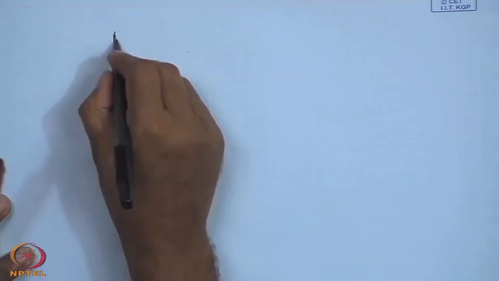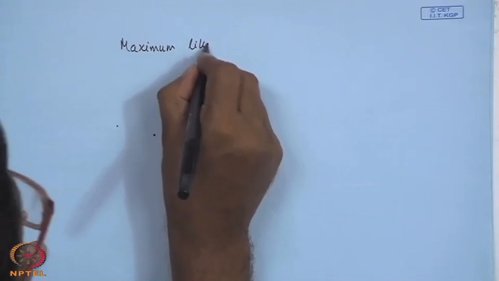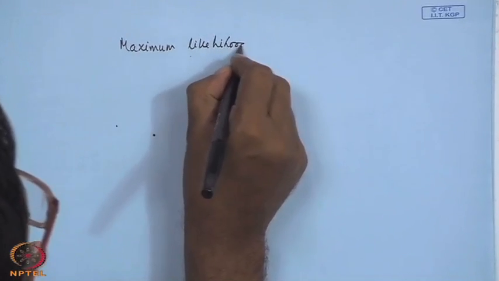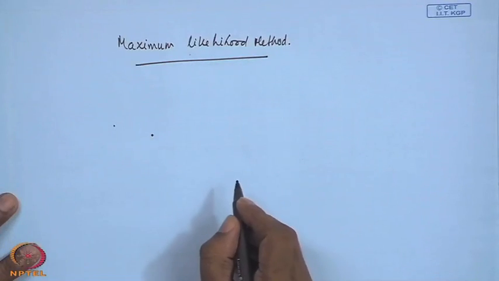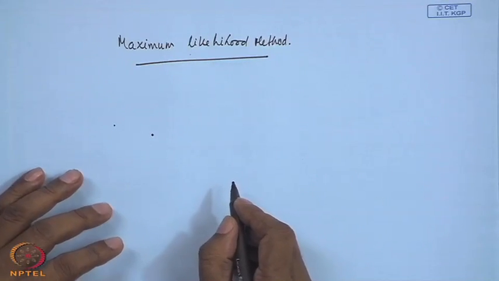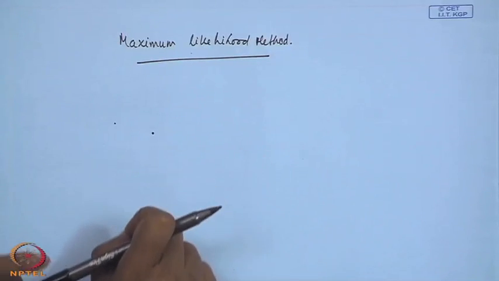Okay. So the third method is the maximum likelihood method. This is really a complicated one.